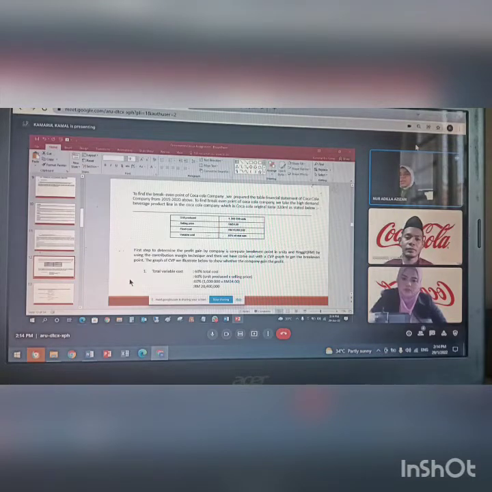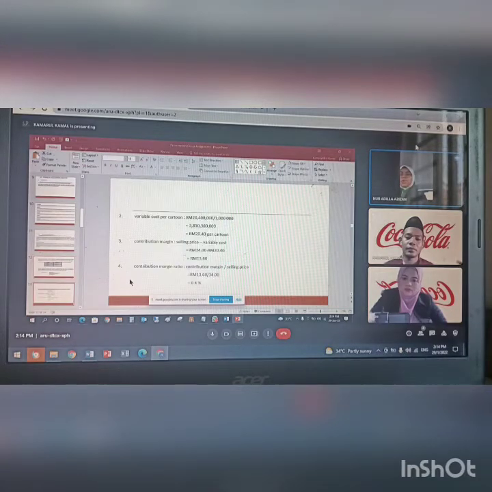First of all, I calculated the total variable cost and I get the amount of about 20,400. And variable cost per carton is about 20 ringgit for 4% per carton. And contribution margin, I get 30 ringgit 60 cents.